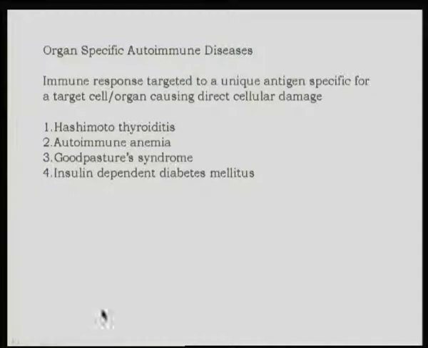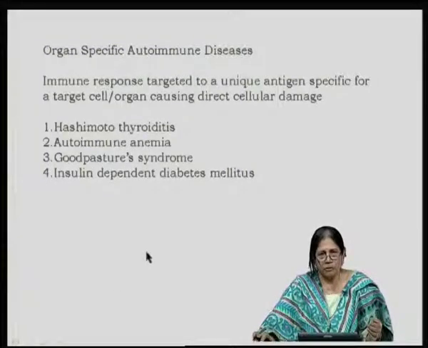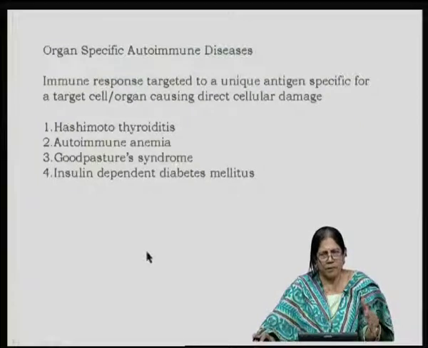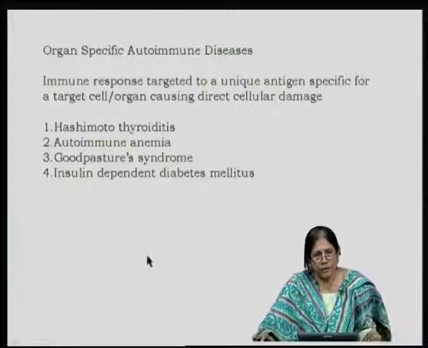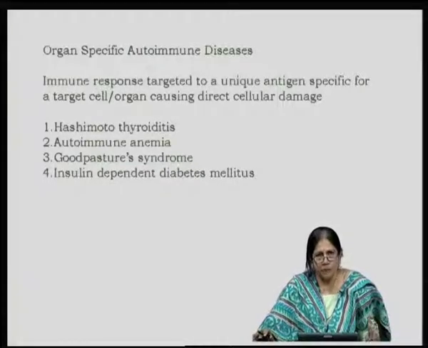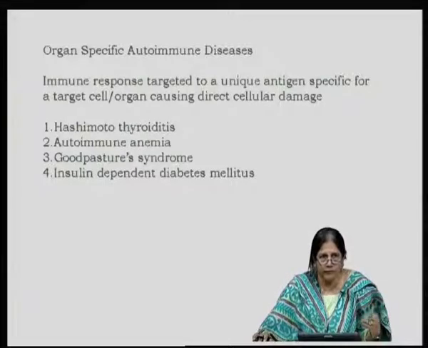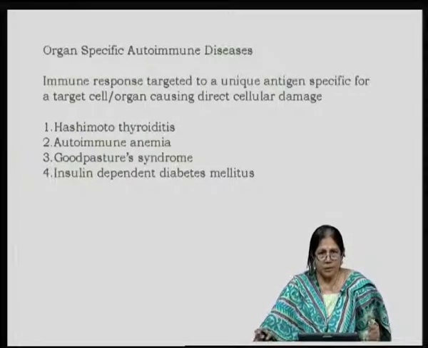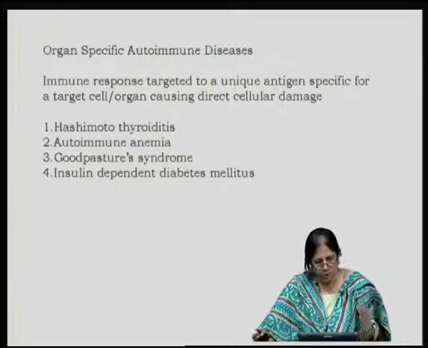Now, I will just introduce to you autoimmune diseases, the details of which we will continue in the next lecture. We know that there are autoimmune diseases. We can make antibodies or reactive T cells to different organs or self molecules.